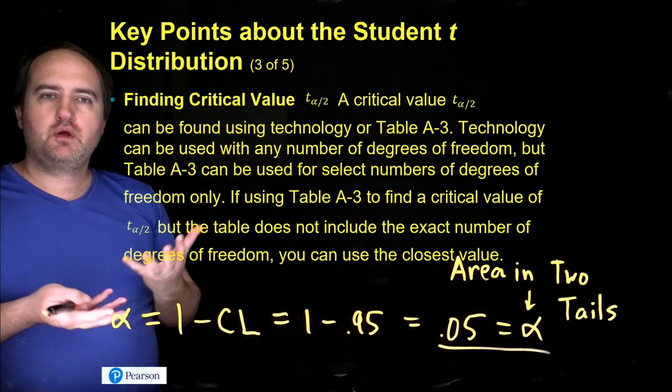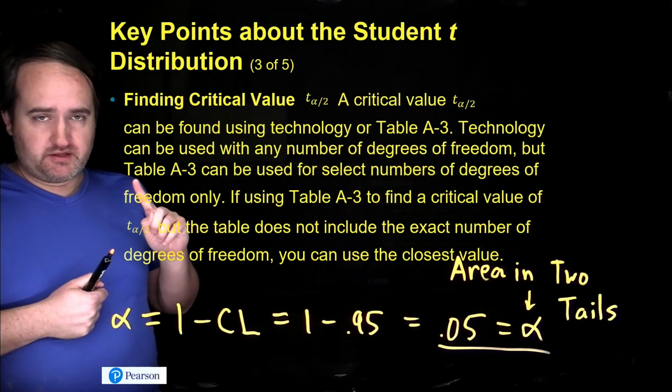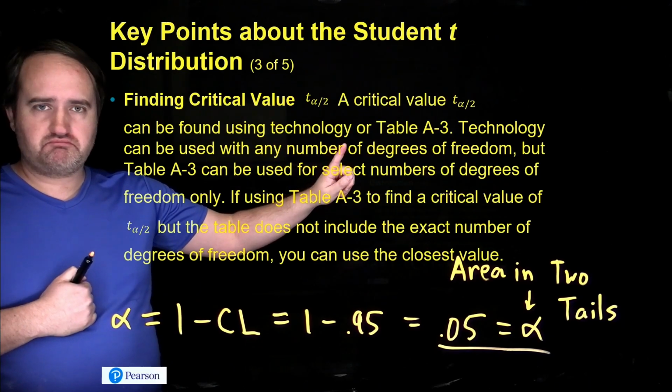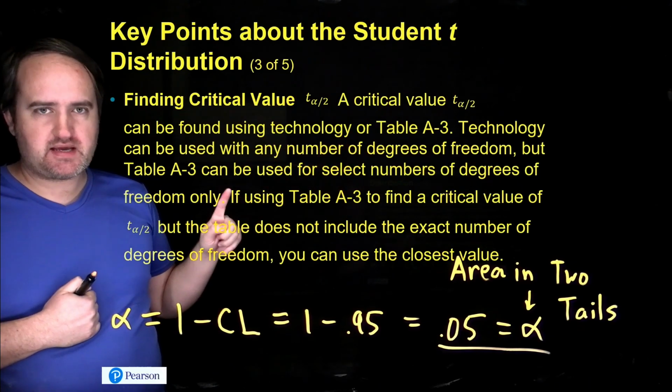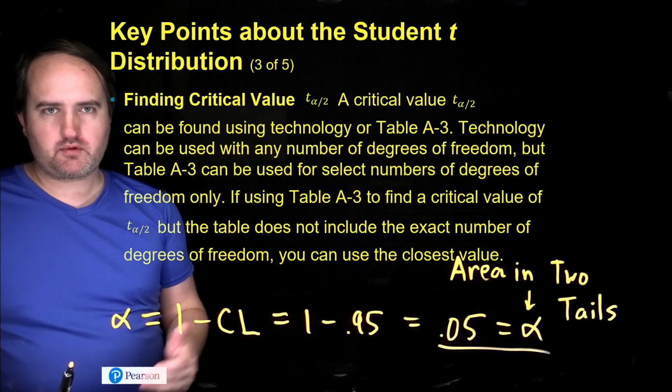But fortunately, the problems in your homework, quizzes, and exam can all be done using table A3. So if you don't want to use technology, you don't need to. You can just use table A3 and still get 100% if you do everything correctly.